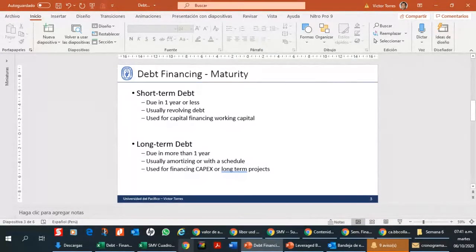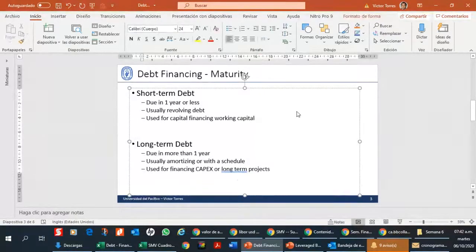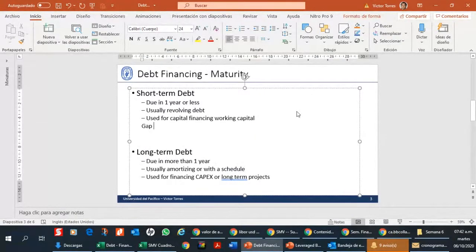And when I talk about accounts payable, I not only mean suppliers, where you can maybe negotiate some sort of extended period, but also your employees, or paying SUNAT and any tax authority. So in that sense, what I wanted to highlight is there's going to be a gap between the cash inflows and outflows.